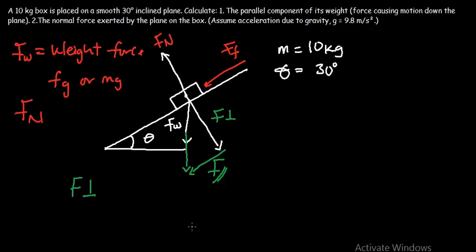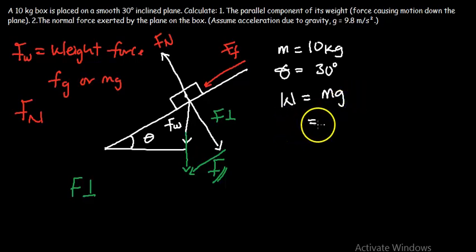The first component which we are going to solve is the parallel component, which is denoted by this symbol. Before then, we need to calculate the weight of the object. Notice that the weight, denoted by W, is the mass multiplied by the gravity.